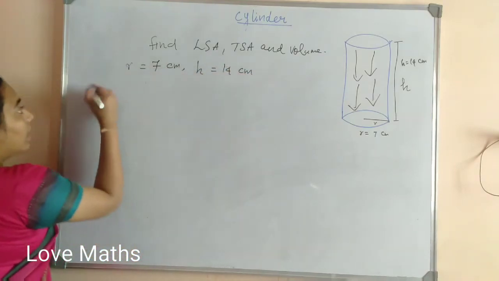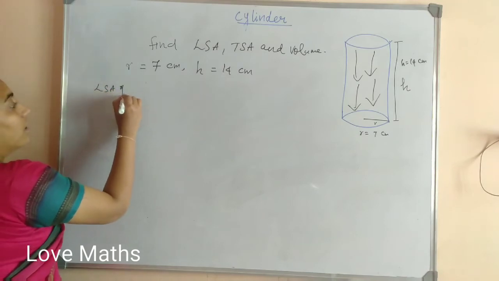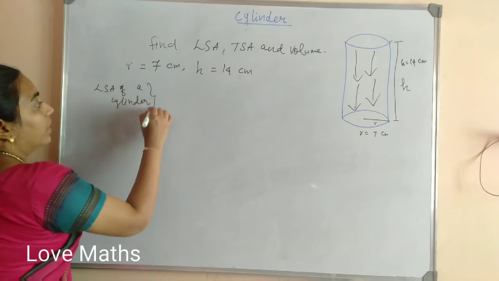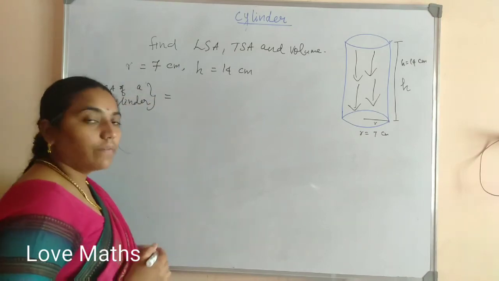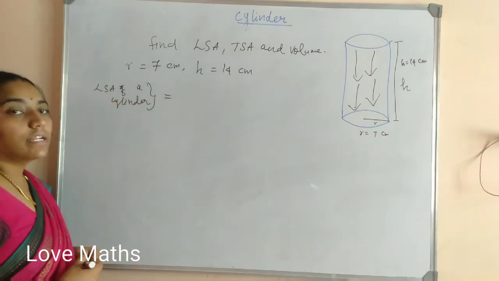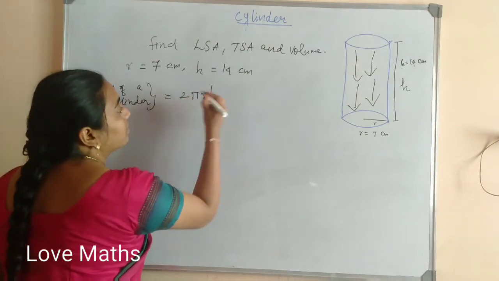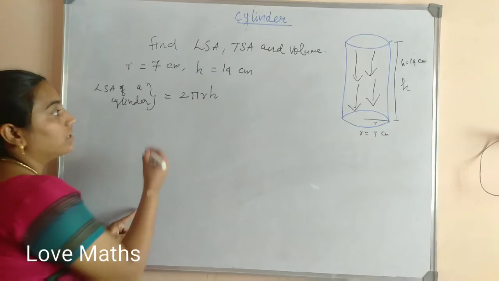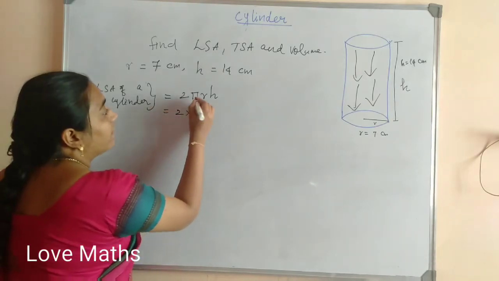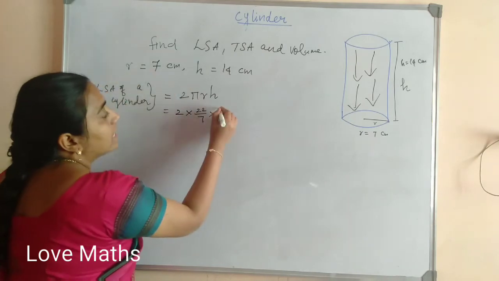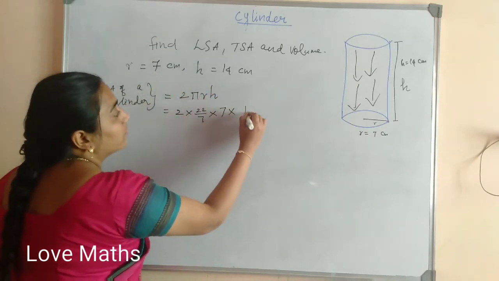First write the formula, LSA of a cylinder. Okay, what is LSA formula? We know clearly. Lateral surface area is 2πrh. So 2 into pi value is 22 by 7, into r value is 7 and h value is 14.